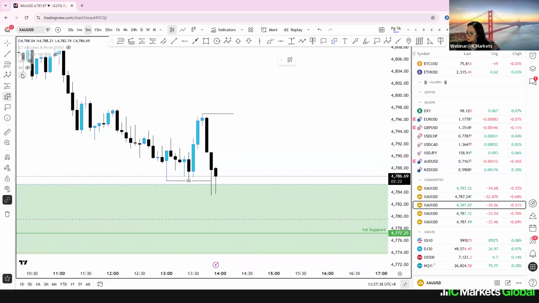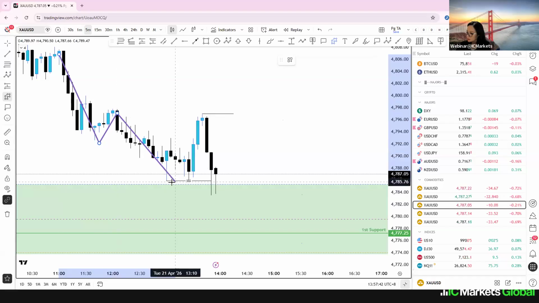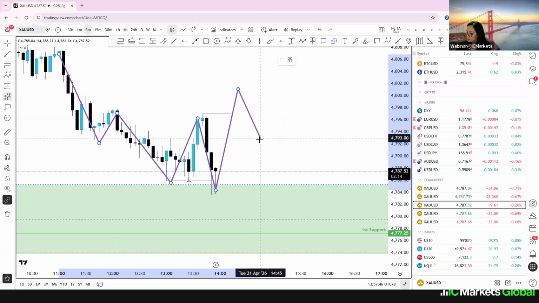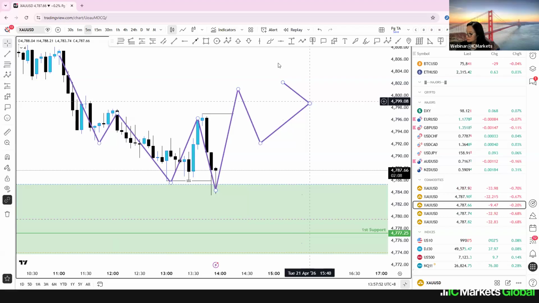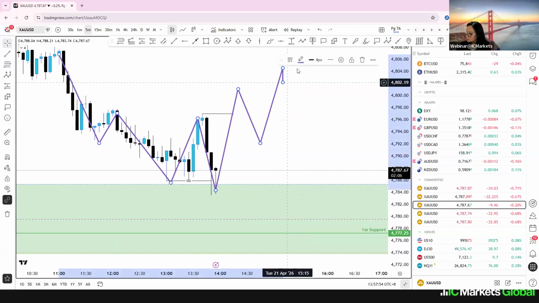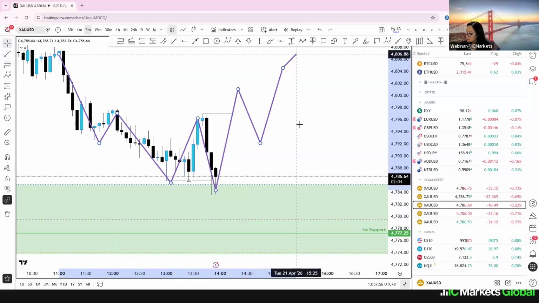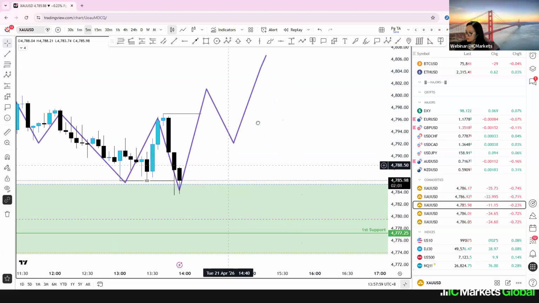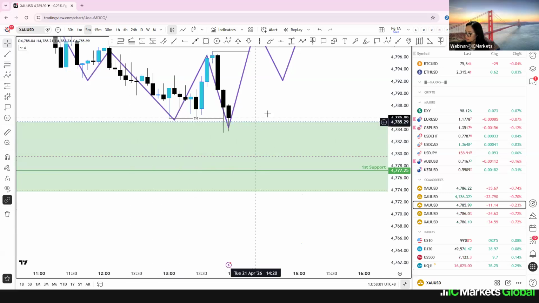What I want to see is if they clear liquidity. Let's say they come, they go, they clear liquidity, and if they can go back like this, pull back, I'm going to buy. Something like that. We'll see how price reacts at these zones.